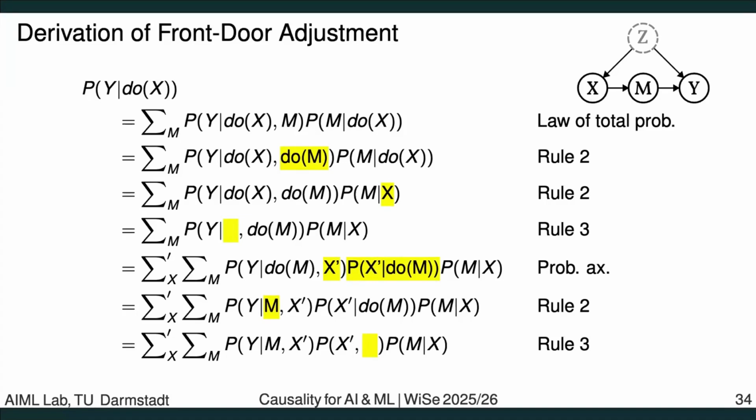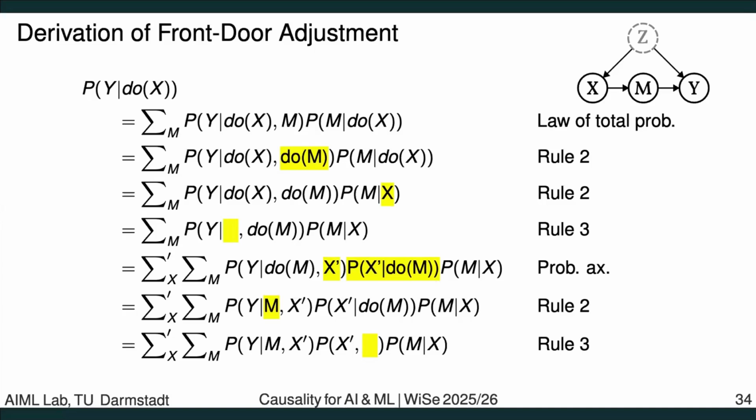And here, because of this confounder, we aren't really sure. M would block this chain x, m, y, but because of this confounder, we still include the x here because we aren't really sure if it might have some influence on the variable here.